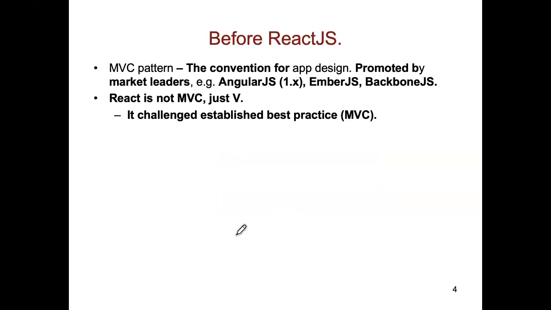Essentially, it's a pattern that helps you to structure your code into model parts and view parts and controller parts. But the React engineering team decided that they were not going to follow that, that they were just going to focus in on the V part of MVC, where V stands for view, which is why we say that React is a user interface library. It's only concerned with the user interface.